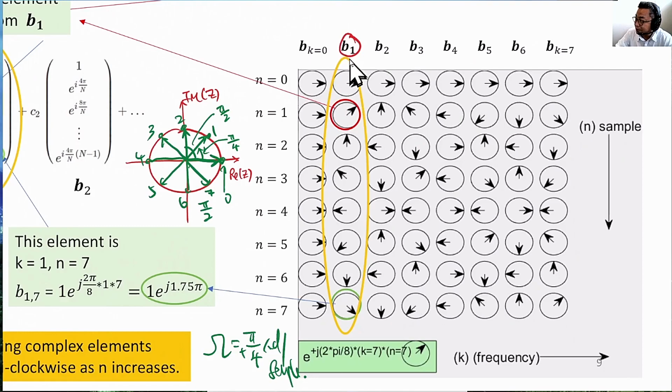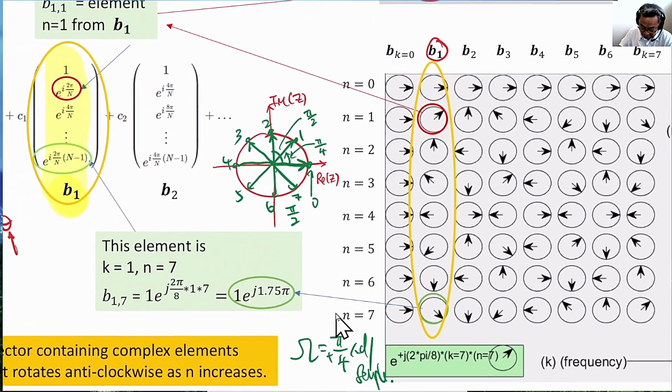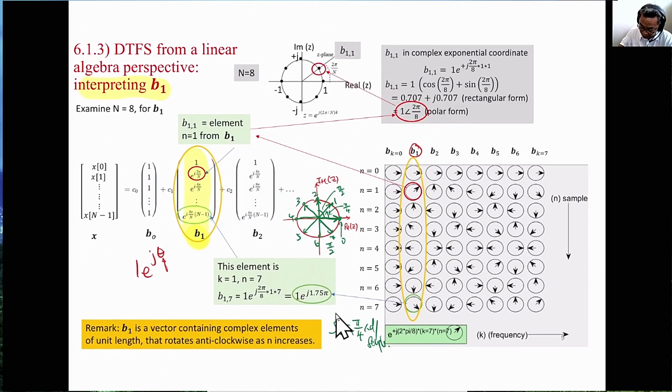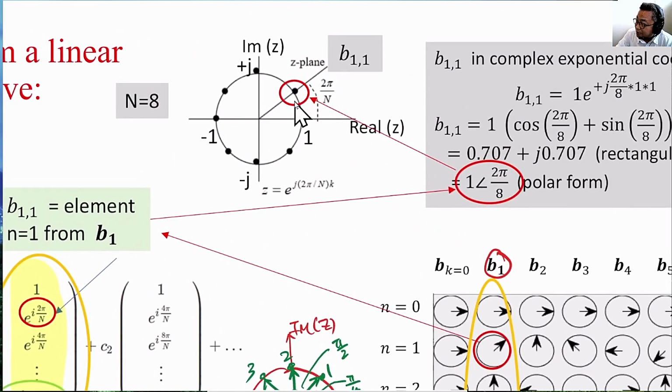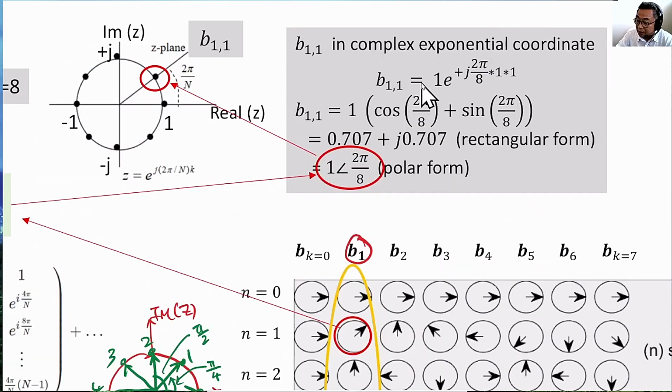Now if you understand what B1 is, go through the pictures very carefully. The other way to look at it is to put it in a polar plot, and now you'll see that this dotted point represents each of these elements as n progresses, and they are rotating at 2π/N, which in this example, N is 8, so 2π/8 is π/4. Here I give you the details of the value of B, first column, first element.